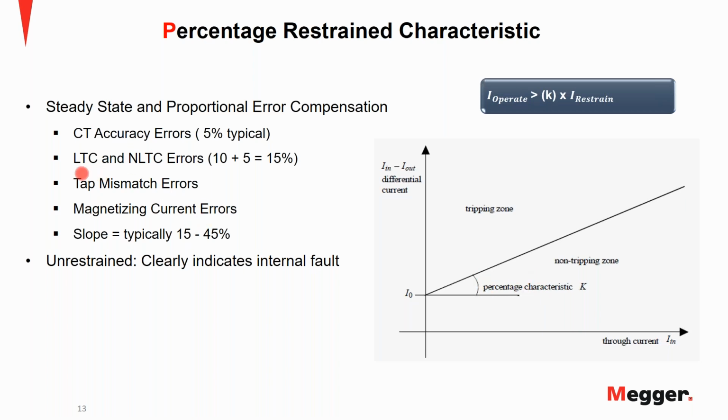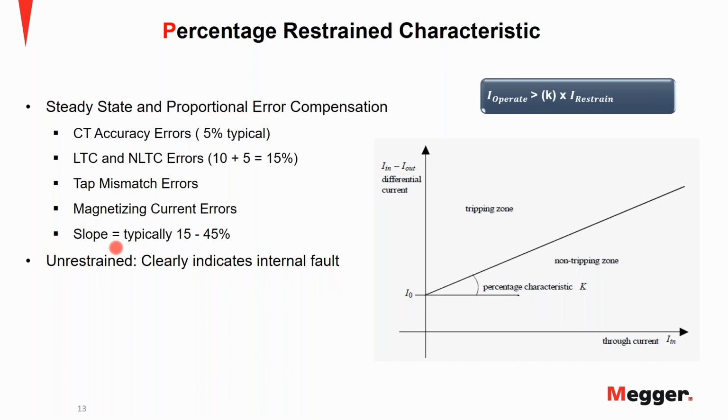The load tap changer and no load tap changers for tap changing transformers are errors that need to be added into this. Your tap mismatch, depending on your CTs from your high side and low side of your transformer, those errors have to be applied into this mismatch as well. And then also your magnetizing current, which we said is the overexcitation, and then the slope.